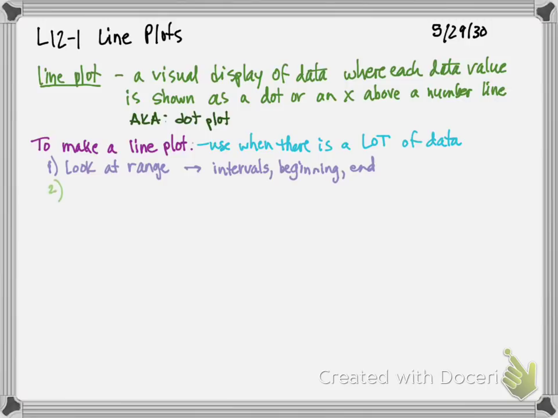Next, we're going to draw and label the number line. Now that we know what we're counting by, that's what we're going to put on there. Okay, and give yourself room. Kind of had this issue when we were doing box plots. We're not going to make the dots on the number line. They're actually going to be above the number line.